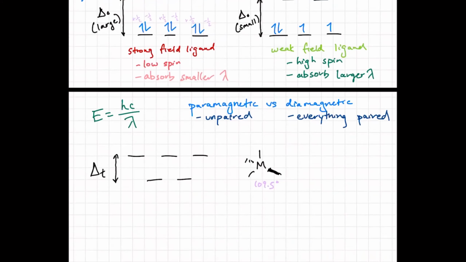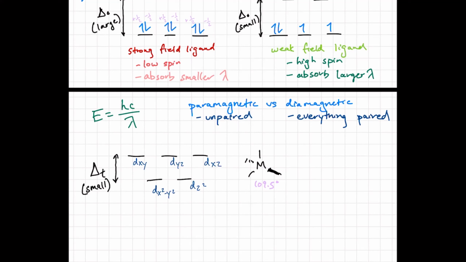Now I'm briefly just going to talk about tetrahedral. I'm denoting it by T here. With tetrahedral, your orbitals are labeled a bit differently. Well, not too differently. It's just that these are the higher energy ones, and these are the lower. With a tetrahedral complex, this energy gap is small.